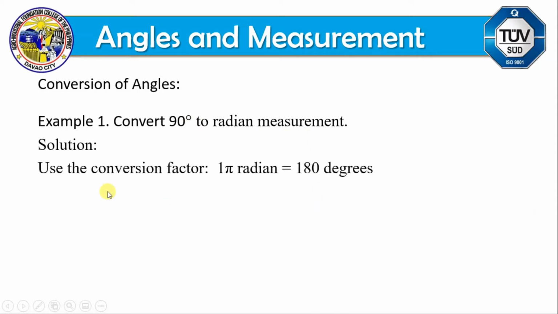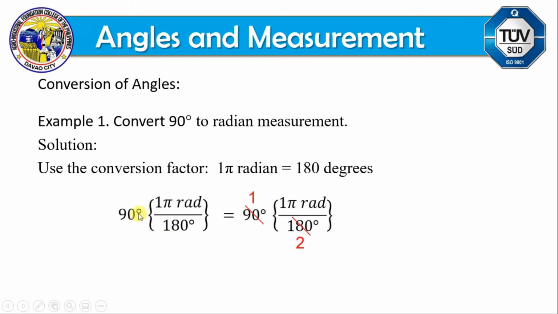For the solution, we will use the conversion factor we mentioned earlier: 1 pi radian equals 180 degrees. So we multiply the 90 degrees by our conversion factor. Now, why is the 180 degrees at the bottom and the 1 pi rad on top? We do that in the conversion factor because we want the degrees to cancel out. Once the degrees are gone, the only remaining unit will be radian.